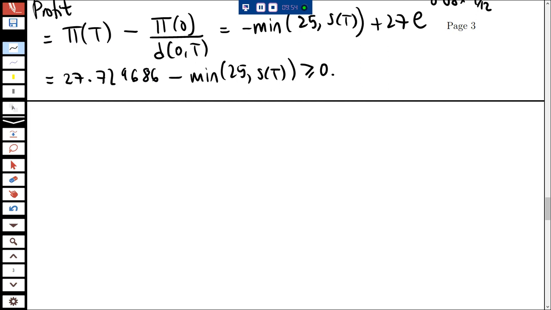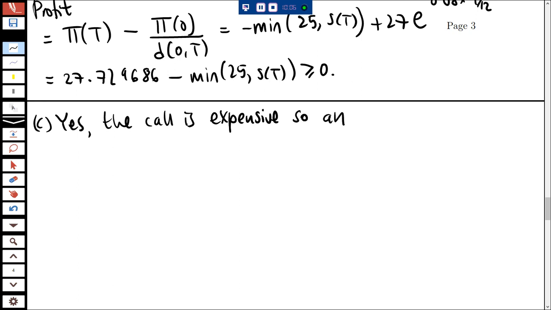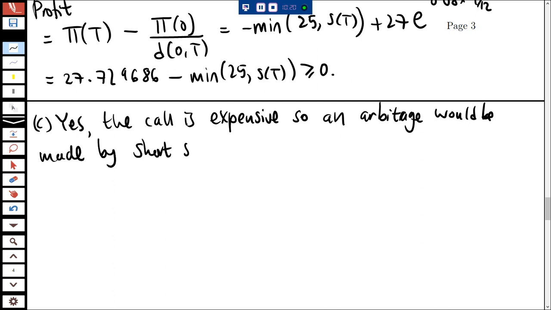So the answer is yes, we're interested. The call is expensive. So an arbitrage would be made by short selling the call.